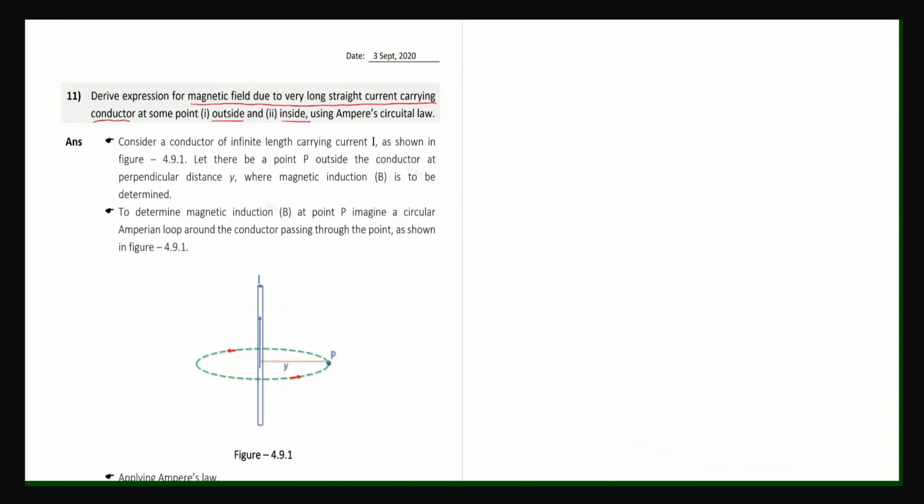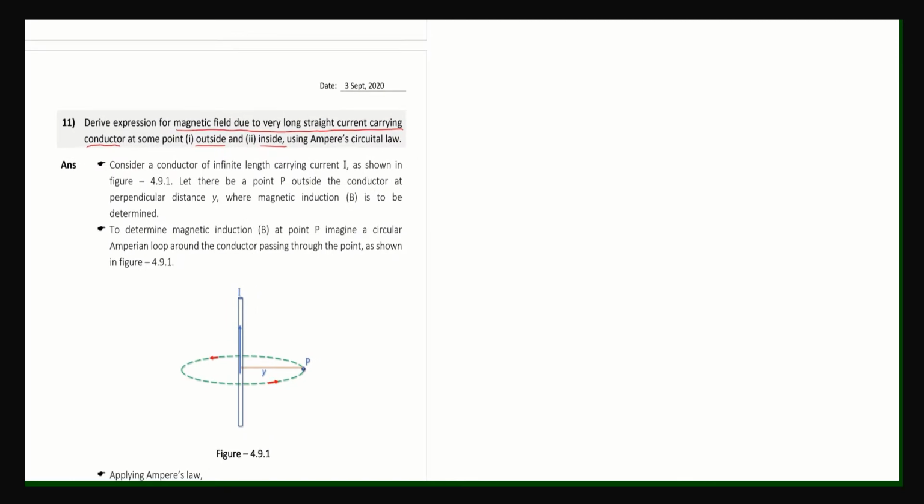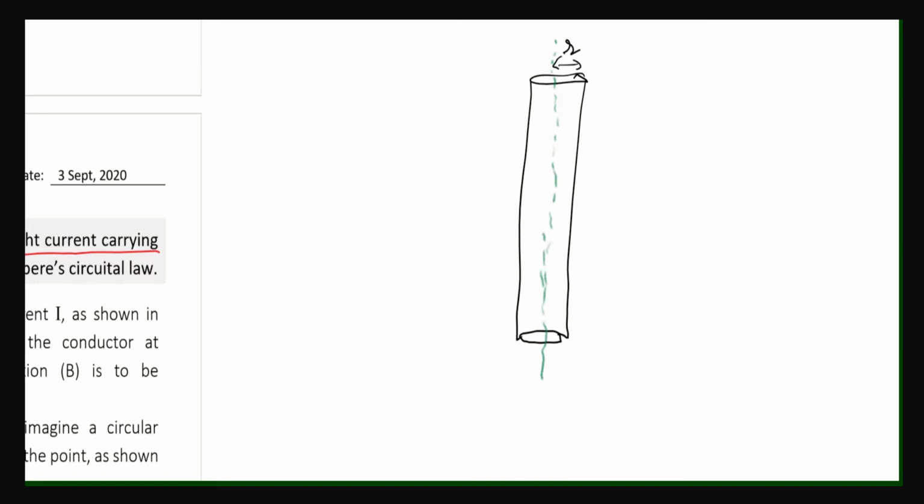So let us first consider a current carrying conductor. Let me consider this wire which has, say, radius r. Let me consider this as the axis of the wire, and let there be some point P, say here.